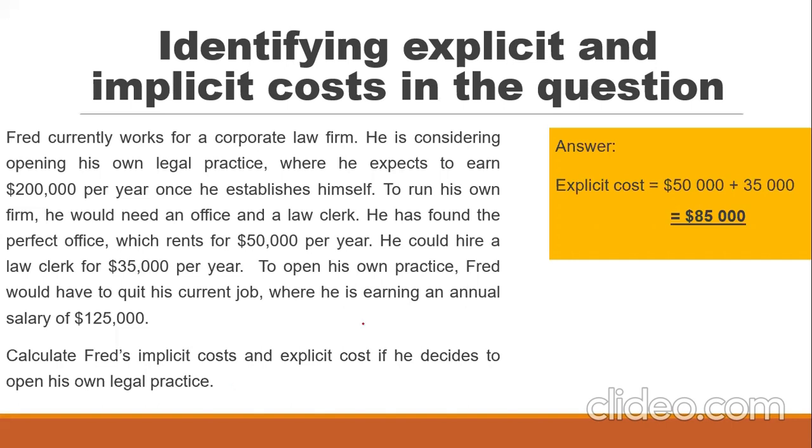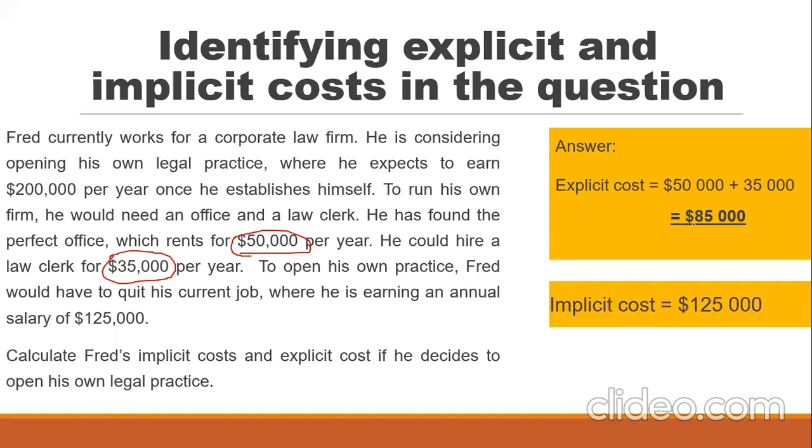In the scenario, it says that he found the perfect office which rents for 50,000. So this becomes our explicit cost. And it also says that he could hire a law clerk, which is also an explicit cost. So explicit cost equals 50,000 plus 35,000, which equals 85,000.